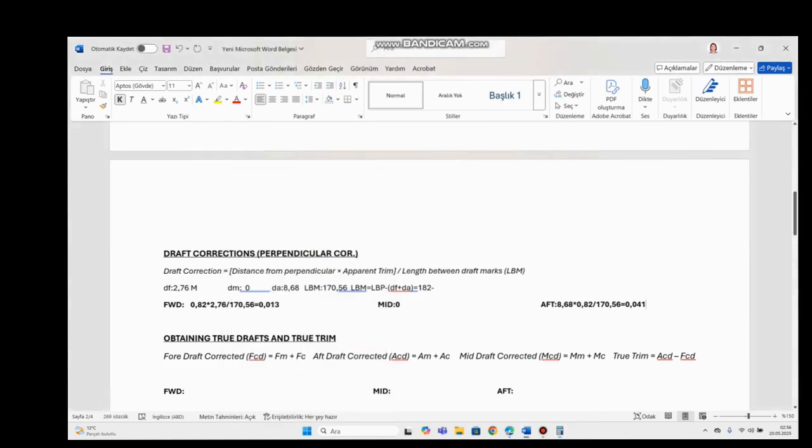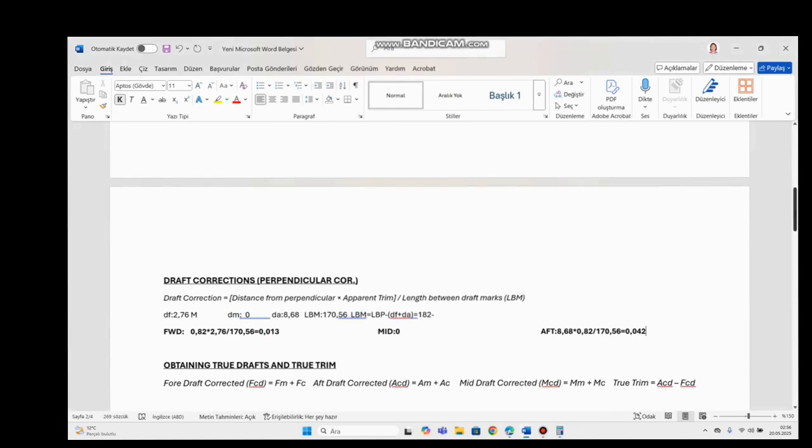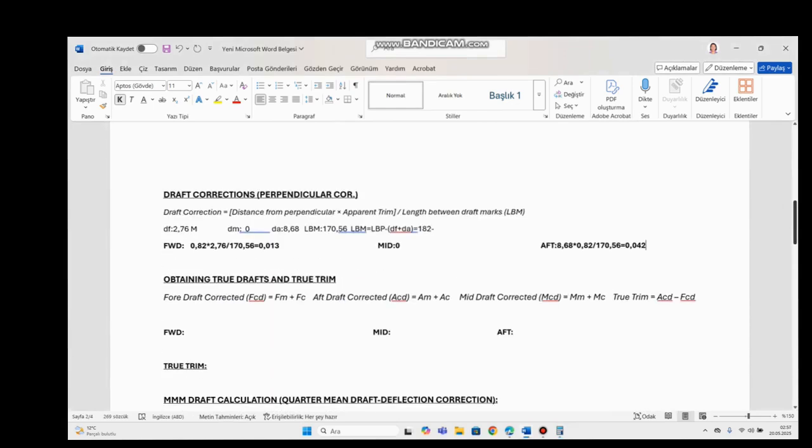We can say 0.042. And according to these corrections, we will find our true drafts, and after that, we will find our true trim.